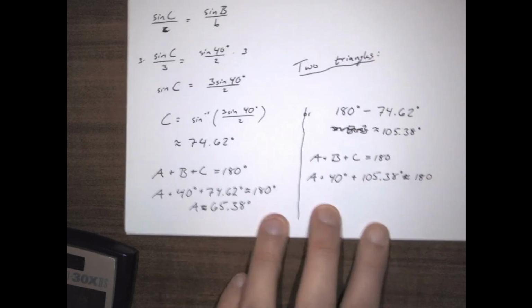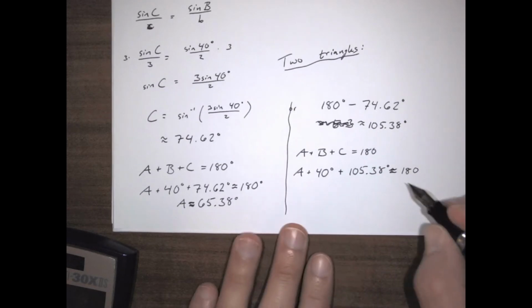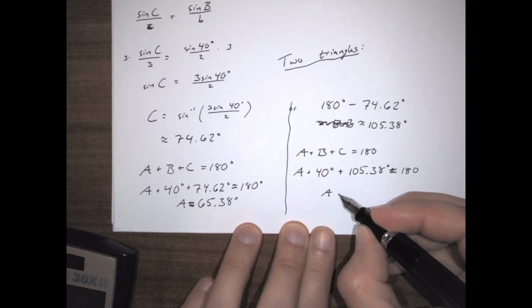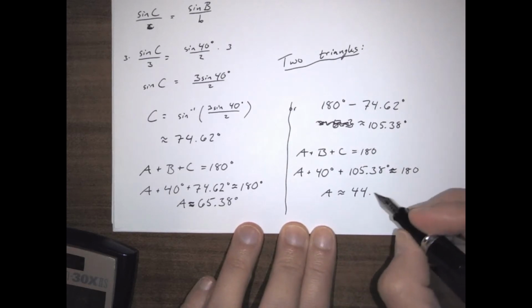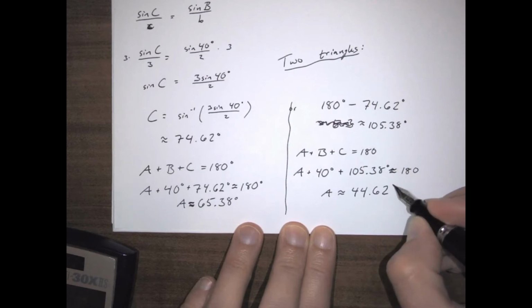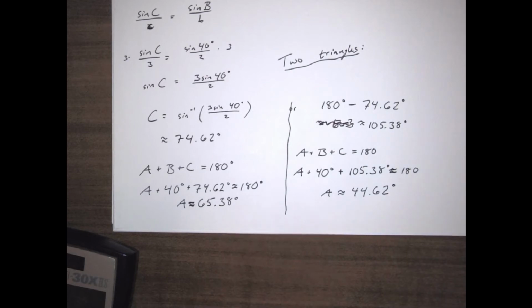So that's going to add up to 145.38, so A is going to be 44.62 degrees. Okay.